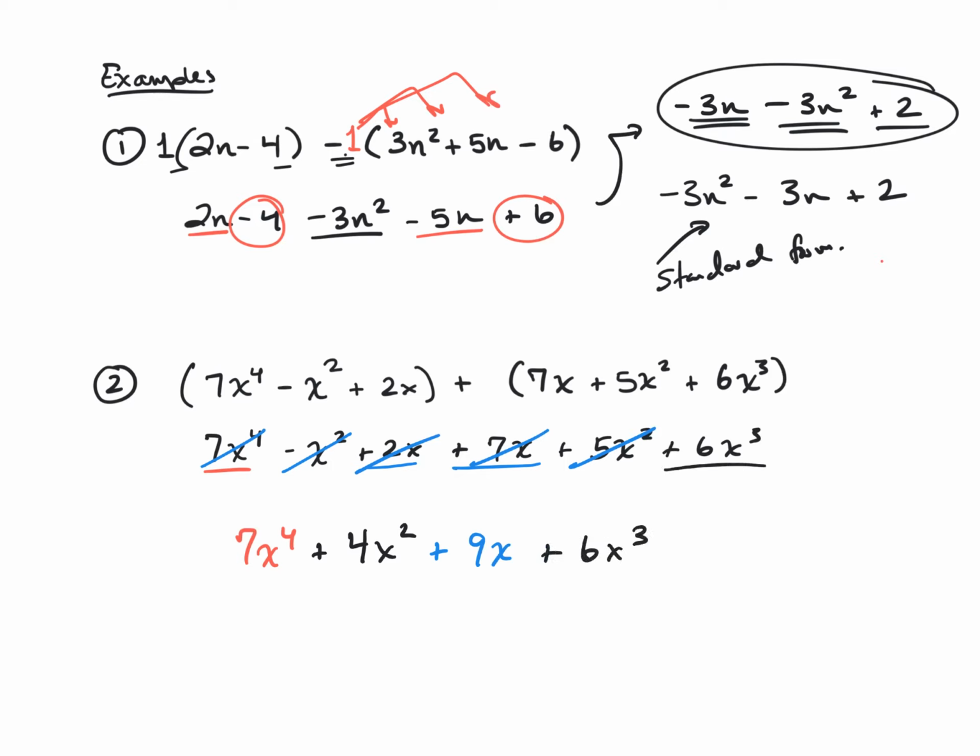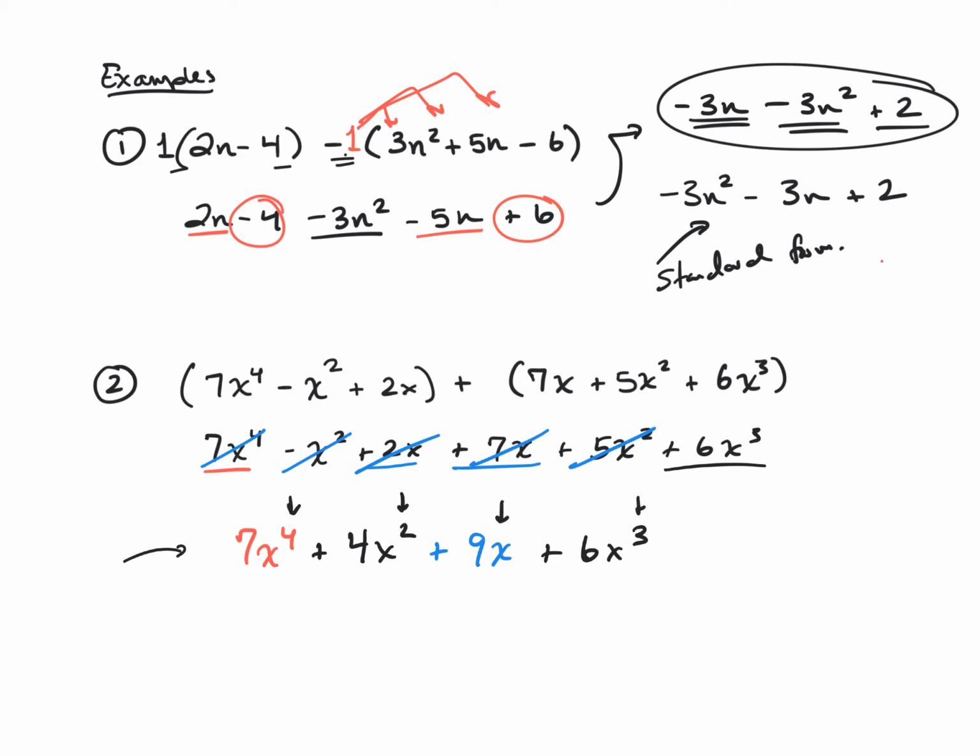Now, this is not in standard form. You've just completed the task of adding the two polynomials together. But if your teacher wanted standard form, you'd put it in order from greatest exponent to least. So this goes 4, then 3, then 2, then 1, and then I'm done.